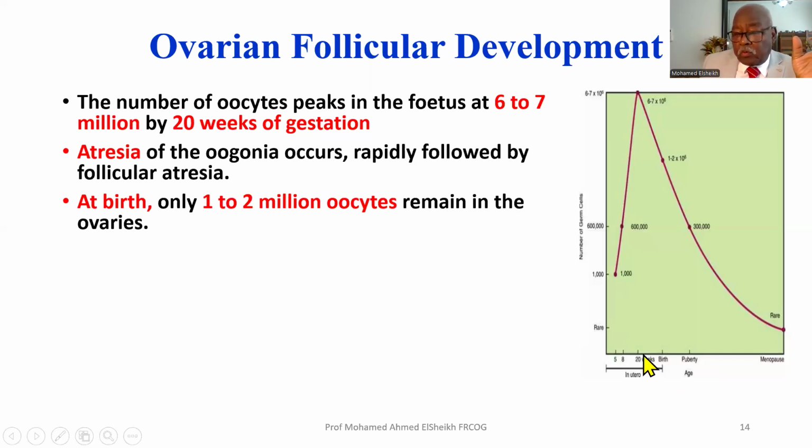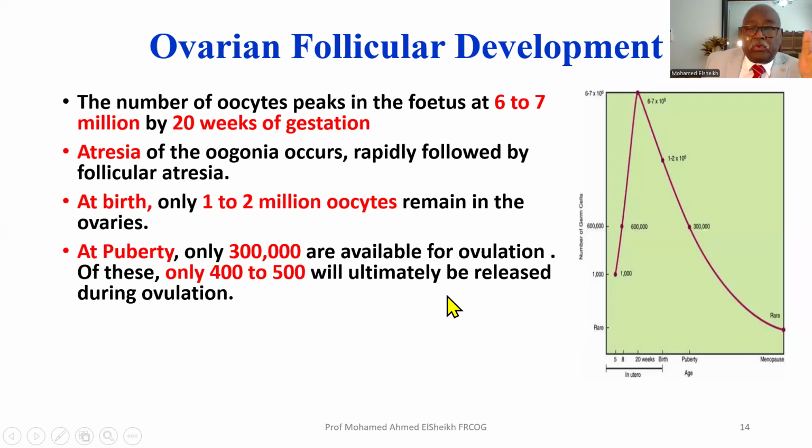Then atresia of these oocytes or oogonia occurs rapidly by follicular atresia. At birth, there will be only about 1 to 2 millions.